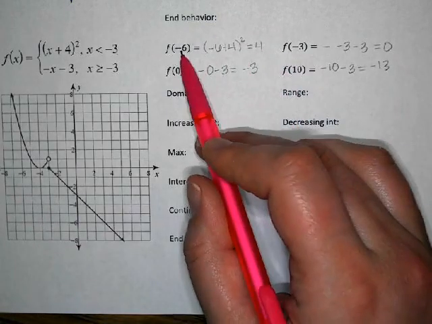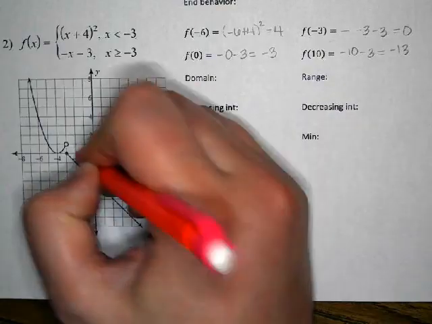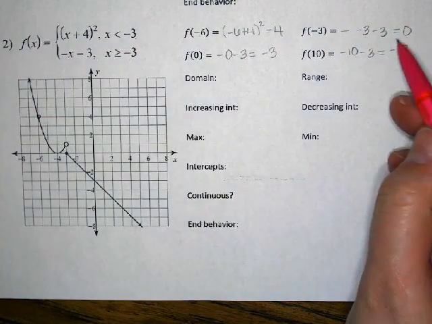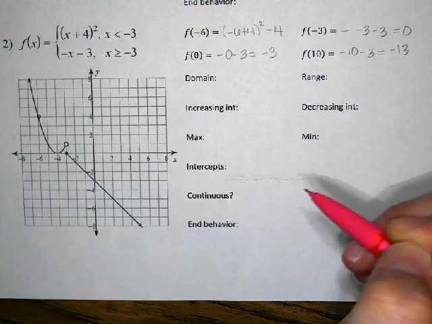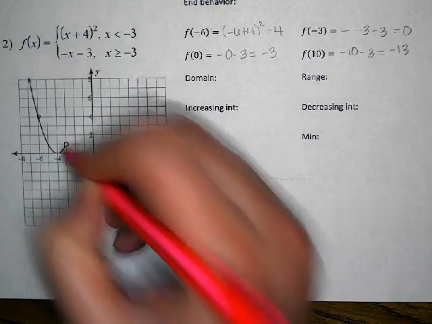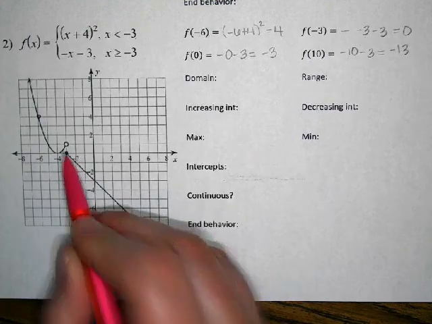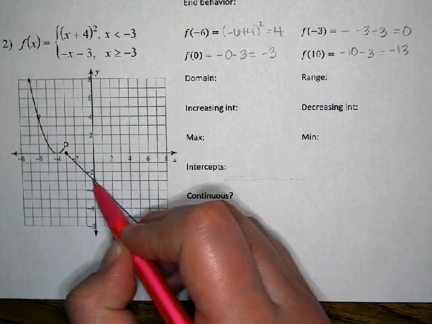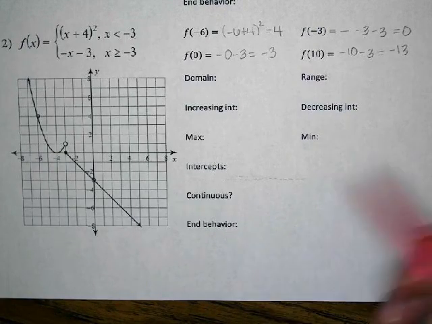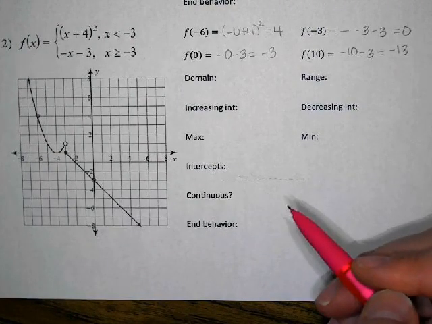So the point -6, 4. -3, 0. There it is, right there. 0, -3. There's 0, -3. And if we had a bigger graph, we could look at 10, -13. But our graph isn't big enough.